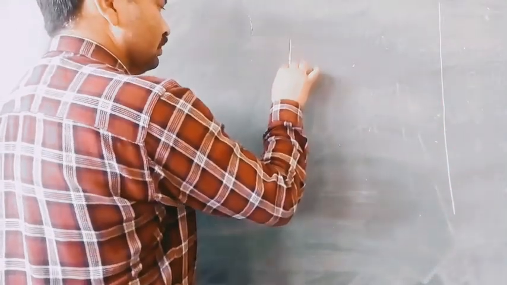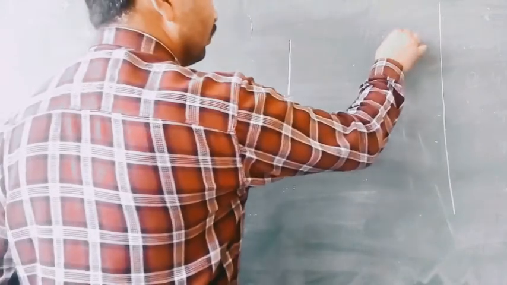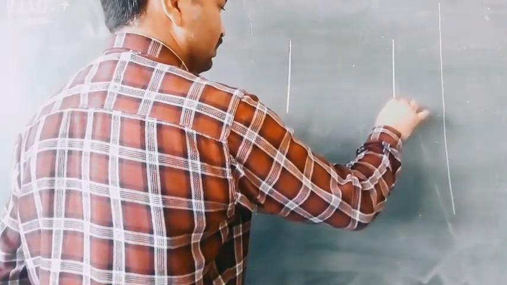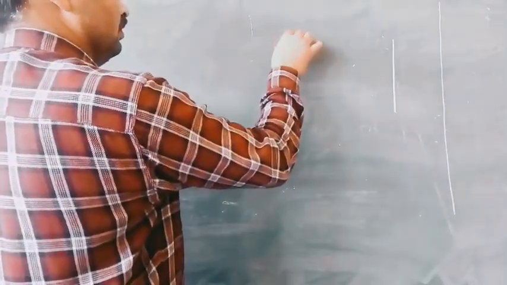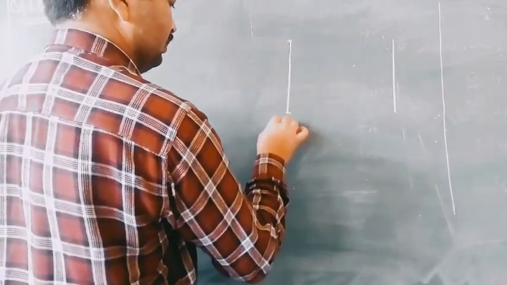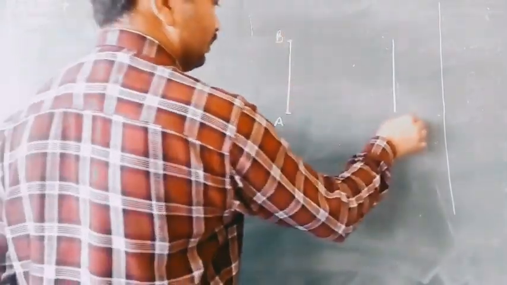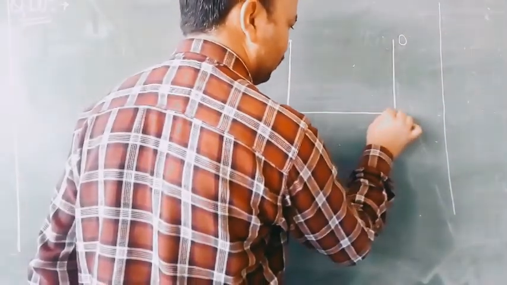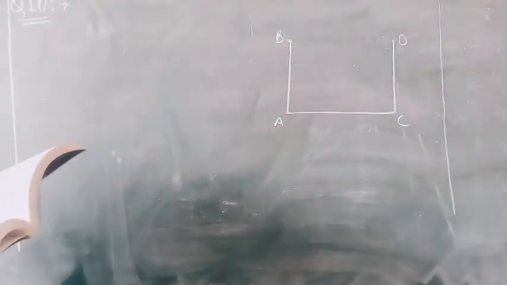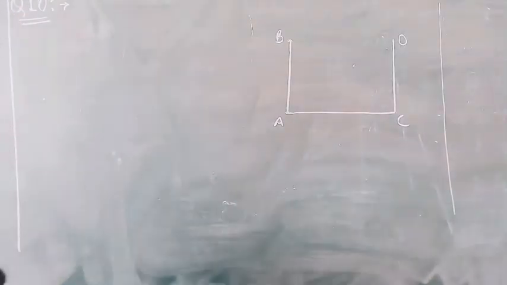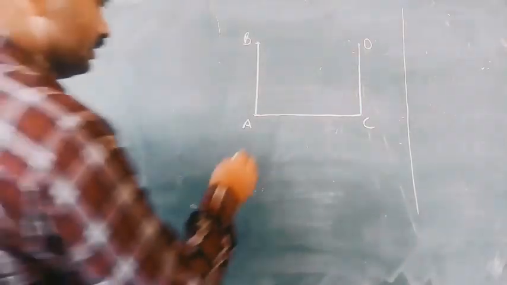So let us see what is given in the question. We are given two poles. Let us name them AB and CD. They are standing on either side of a road. So let AC is the road. Then next, we have a point on the road.